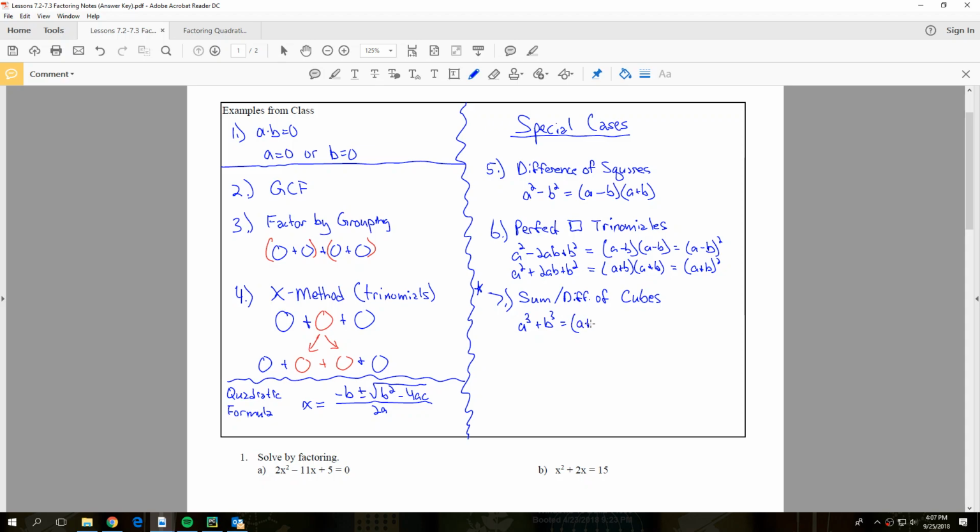It would be a plus b times a squared, and this is the opposite sign, so this is all plus, but now this is the opposite sign, minus a times b. And then it's always plus b squared in the end. Always plus b squared.